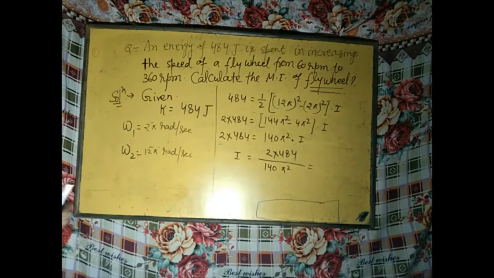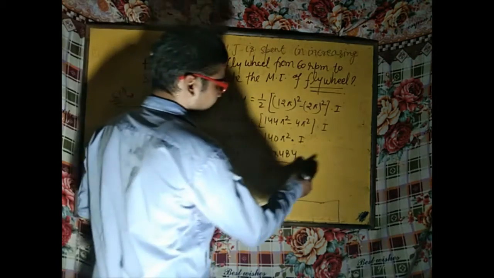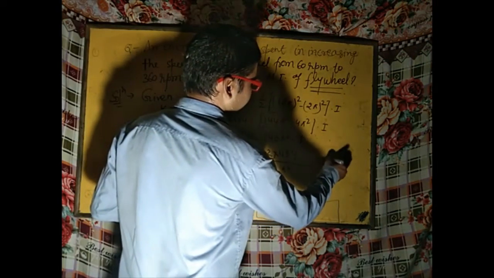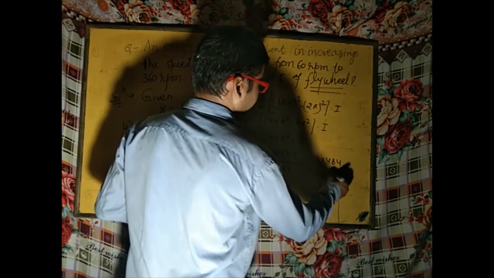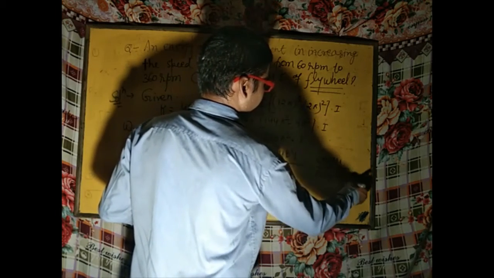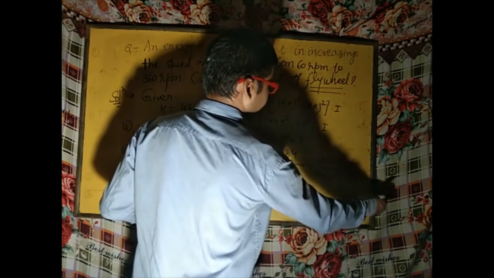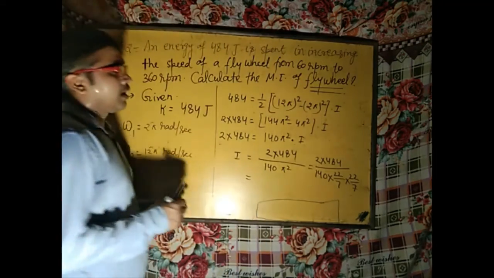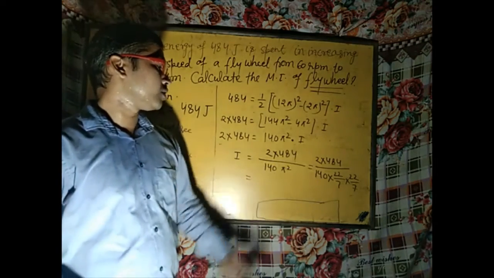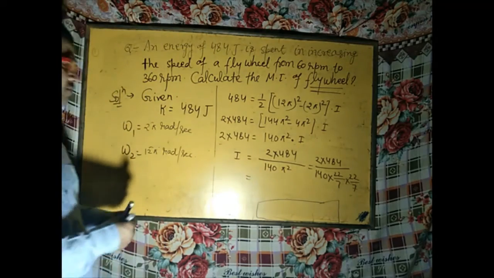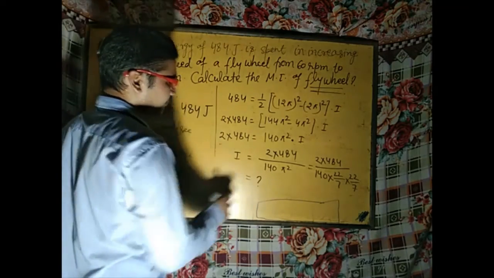Now you can calculate this by using the value of pi, that is 2 into 484 upon 140 into 22 by 7 into 22 by 7. And I am sure that you are able to calculate this by yourself. So try to calculate and give what is the answer here.